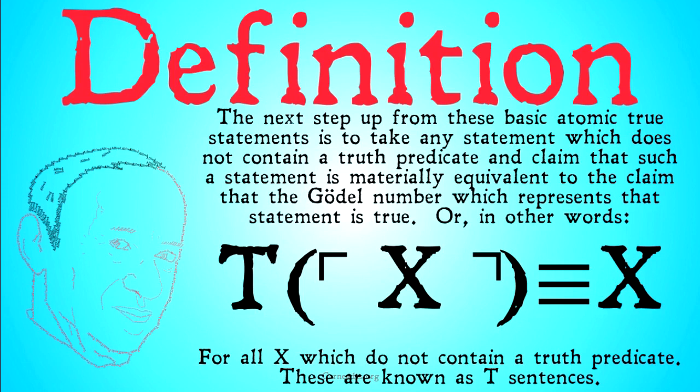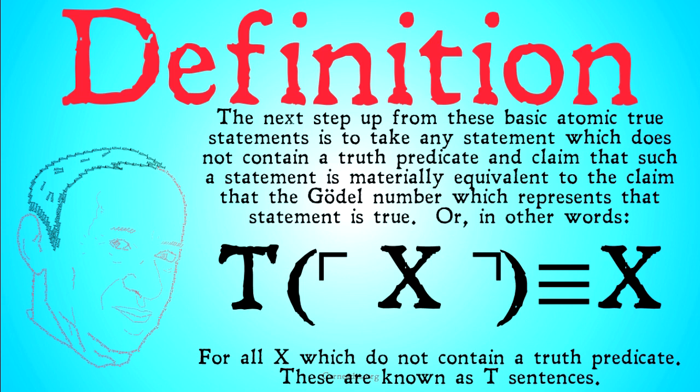As we just did, creating a sublanguage that a specific truth predicate only applies to, we're once again creating a sublanguage, saying that this truth predicate only applies to not just atomic statements, but now any statement which itself doesn't contain a truth predicate, or a T. So x in this formula cannot contain a T.